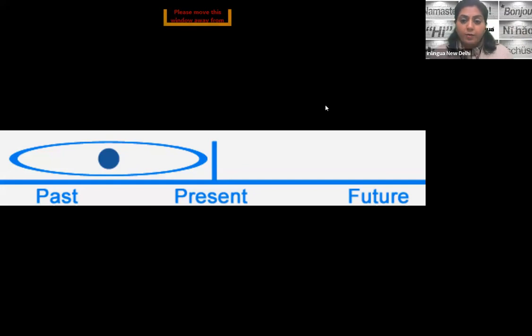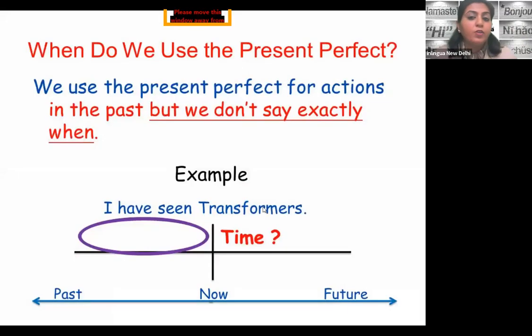Now, when do we use the present perfect tense? We use the present perfect tense for actions in the past, but we don't exactly say when. We do not talk about the time. For example, there is a famous movie called Transformers. Now, somebody says, I have seen the Transformers movie. But does that confirm the time? No, this statement does not confirm the time.